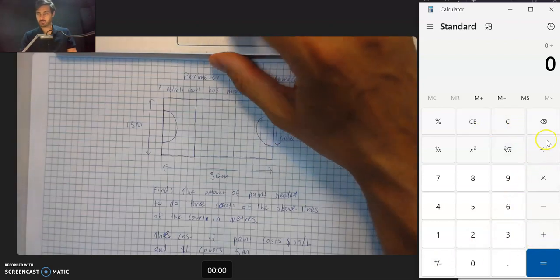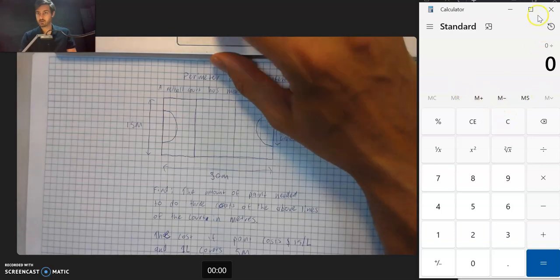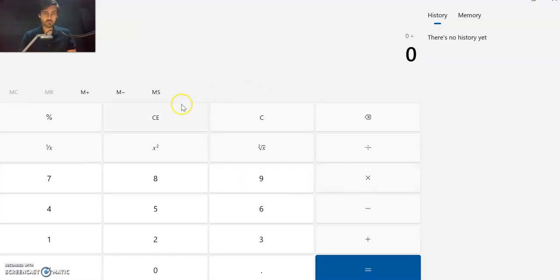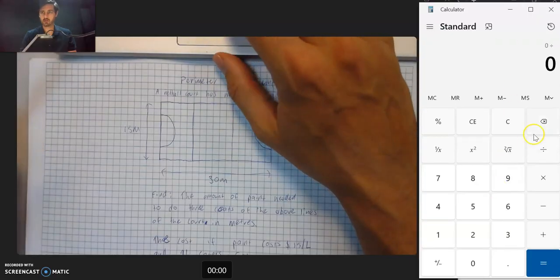Where's pi on this calculator? That's a bit annoying. That's okay.